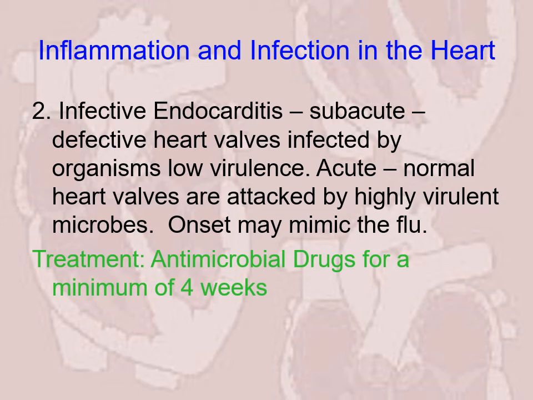Normal heart valves are attacked by highly virulent microbes, and the onset may mimic the flu. An example of a highly virulent microorganism may be something like Staph aureus. Treatment: antimicrobial drugs for a minimum of 4 weeks.